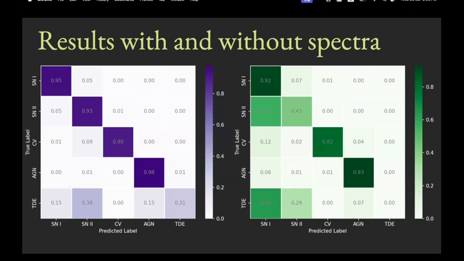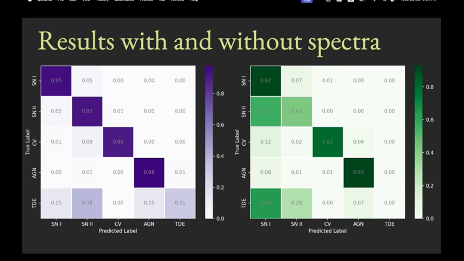This is the classification, the confusion matrix. We see, for example, here, confusion between supernovae 1 and supernovae 2, and this is because the main difference between them is the height of the reads. So in order to distinguish them, we need spectra.